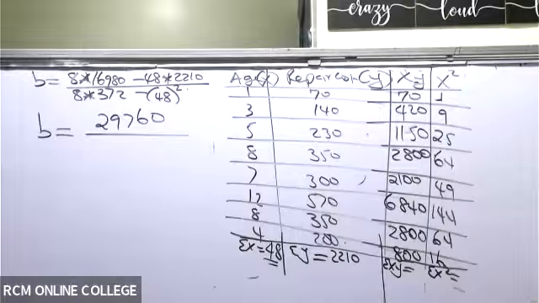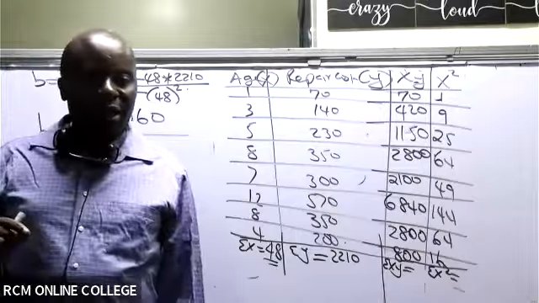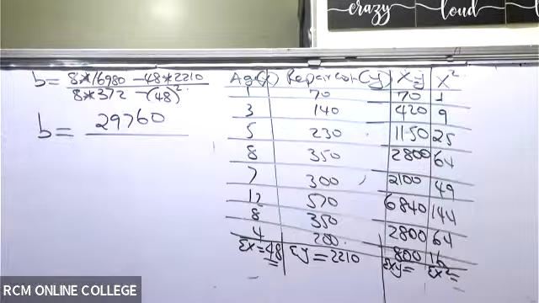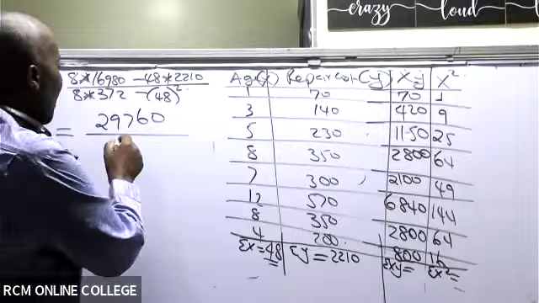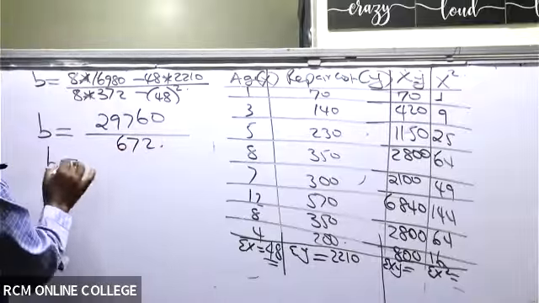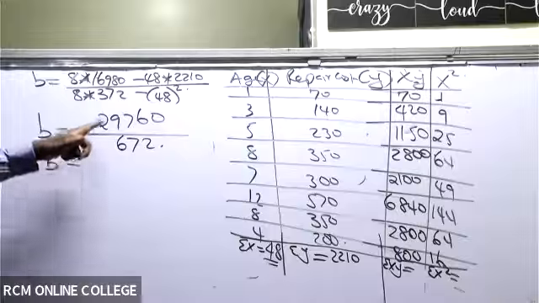I want to know whether the other students are following by also getting their responses. Could be the same as what Rispa has given us, or even a contrary figure. 672, Sarah has confirmed. Then go ahead and give me the quotient. So you take this, divide by this.